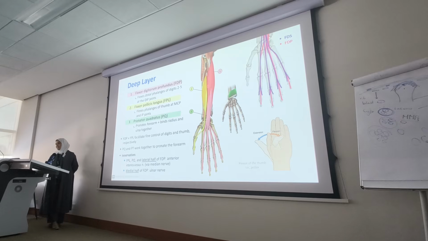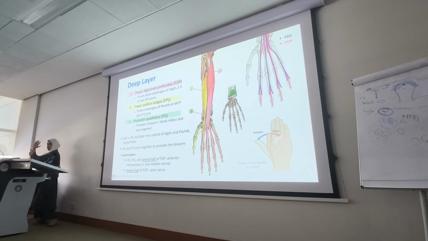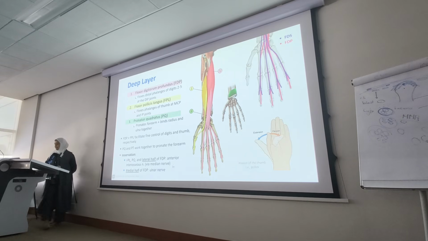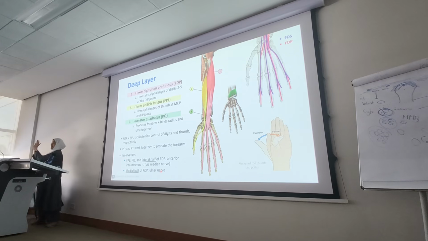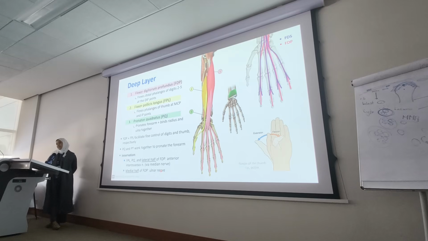So the medial half, along the ulna, is innervated by the ulnar nerve. Whereas the lateral half along the radius is innervated by the median nerve.